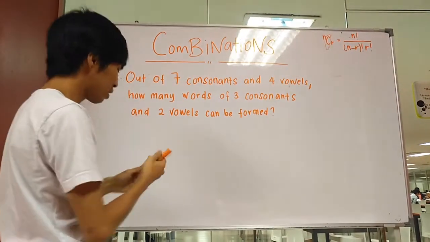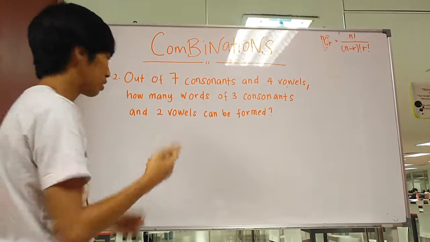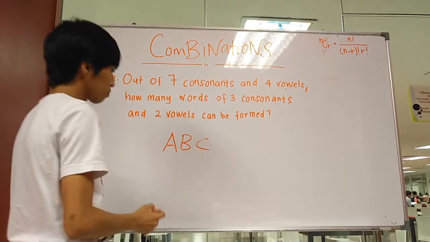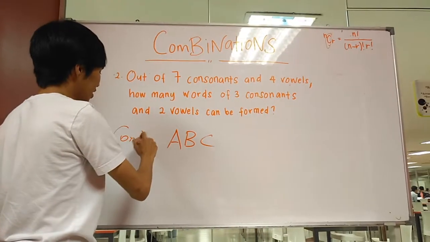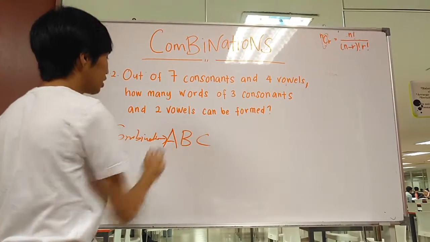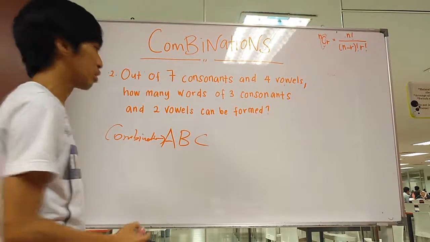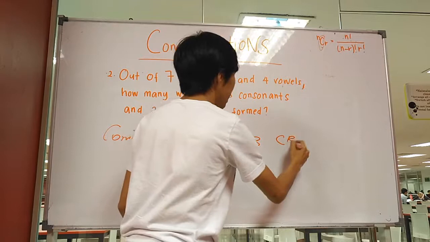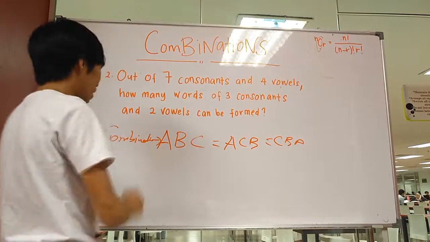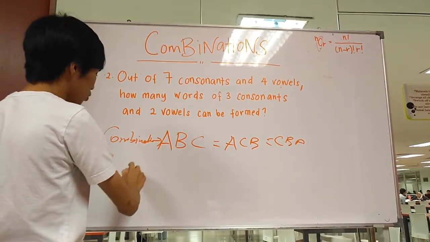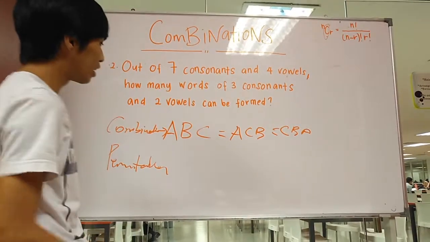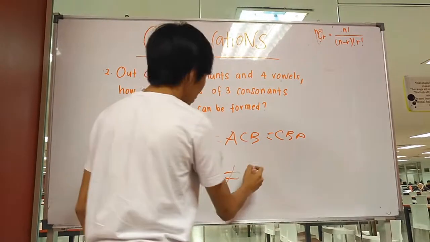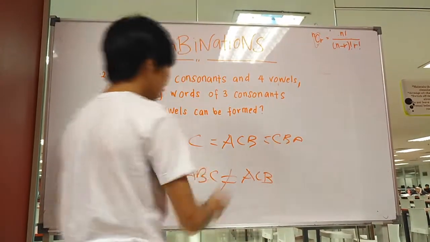For example, take the sequence ABC. For combination, the order is not important, so ABC or ACB or CBA are just the same. But for permutation, the order is very important, so ABC is not equal to ACB. It's not the same.